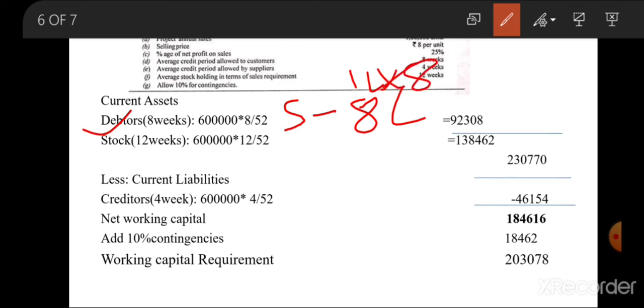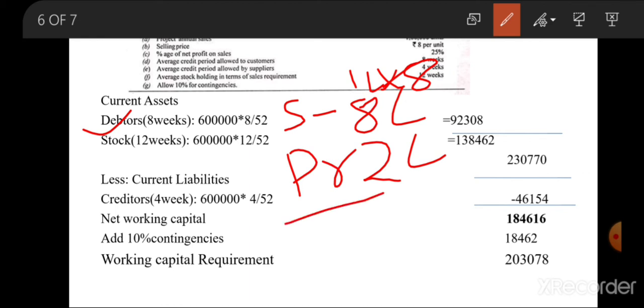Now, budgeted sale is 8 lakh, and it is given that profit is 25% of the budgeted sale. That means 2 lakh is your profit. So what is the cost of sale?